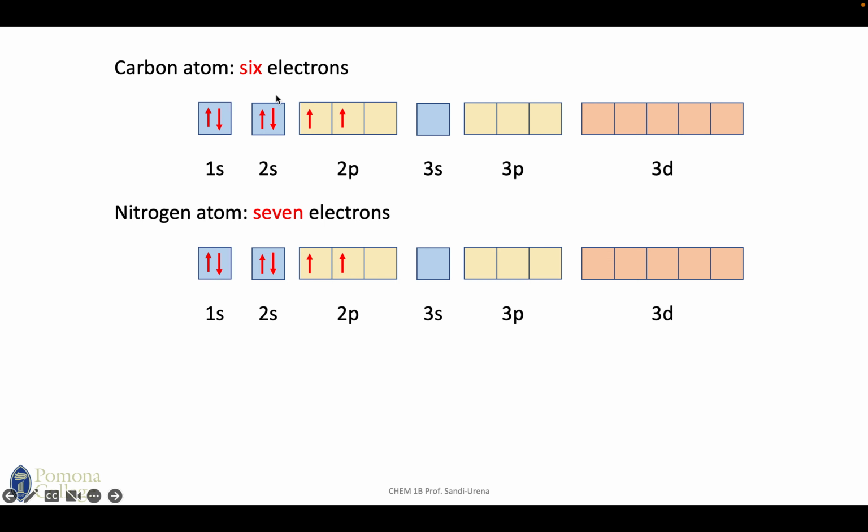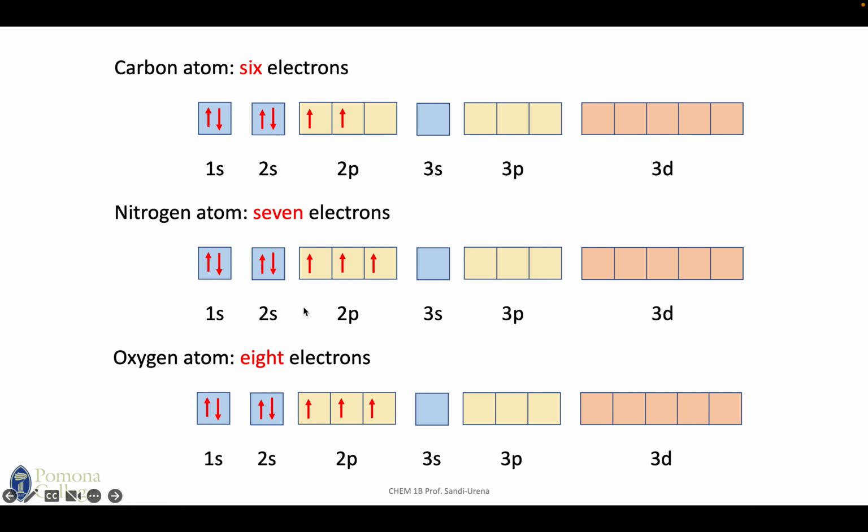Carbon atom, 6 electrons. What's next? Nitrogen. So where's that 7th electron going to go? It's going to go to the 3rd 2p orbital, so that we have the highest number of unpaired electrons. And you know what's coming next? Oxygen. We are going to add 1 more electron. Where will it go?